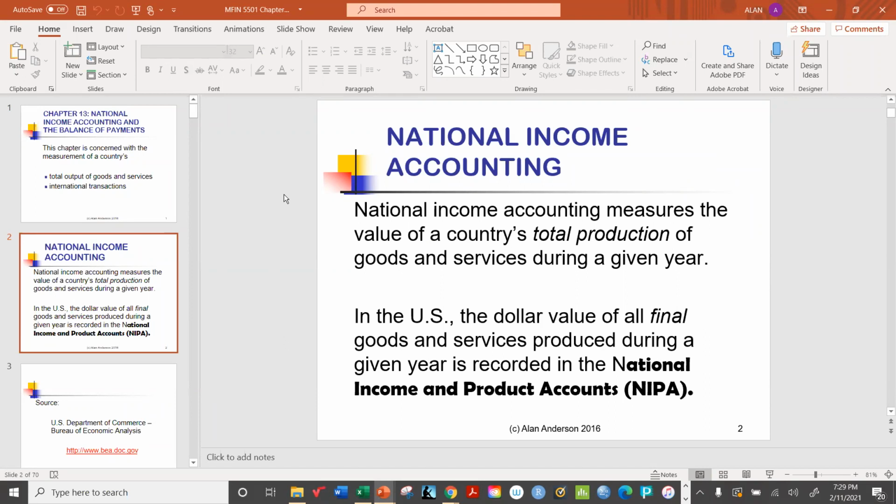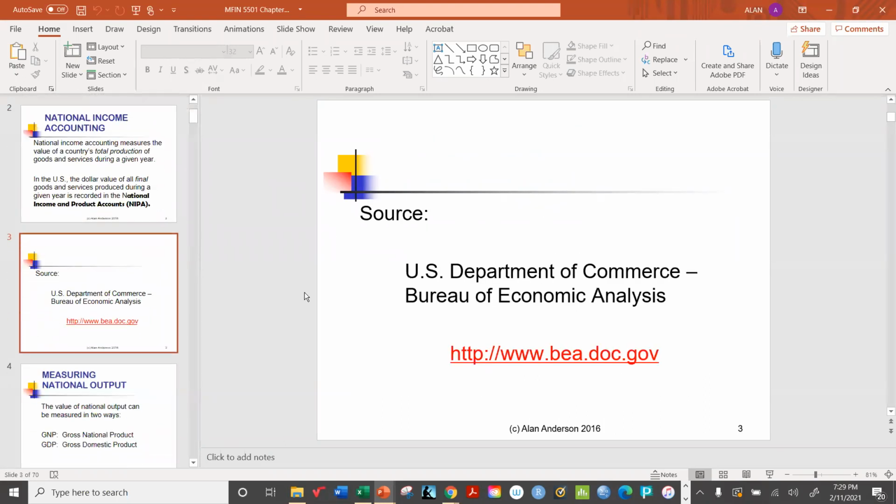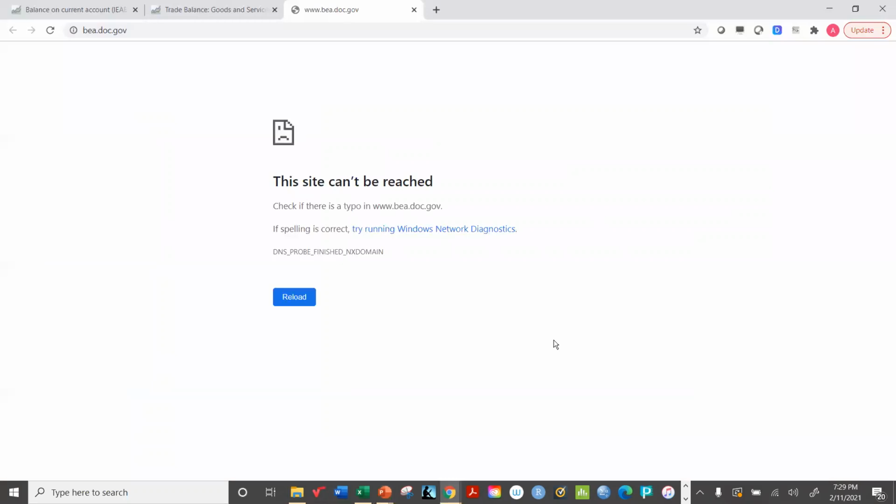Now, luckily for us, all of this information is available on these different websites for free. There are several different government agencies that are responsible for gathering up this data. So in this particular case, we're looking at the Department of Commerce, specifically the Bureau of Economic Analysis. So if I go back there and say, all right, listen, oh, okay, what's going on?